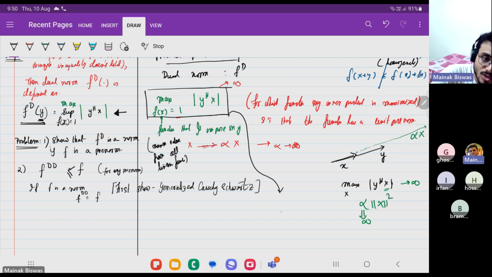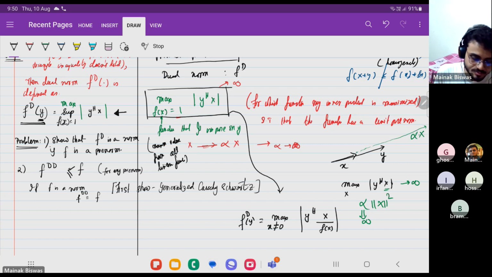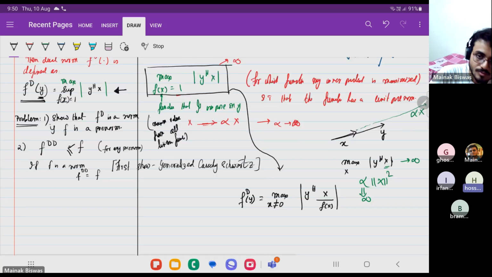So do you agree? I can also write this as max over x not equal to 0 of y Hermitian x by f of x. Can I write this? Why? It is the same thing that you wrote earlier.